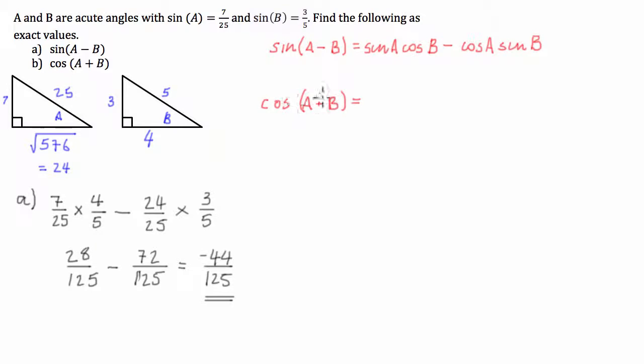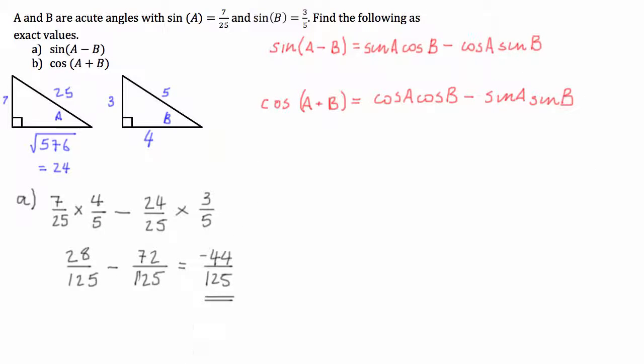So the cosine of A plus B is equal to the cosine of A times the cosine of B, minus, again, it's the opposite sign from what's in the bracket, the sine of A times the sine of B.